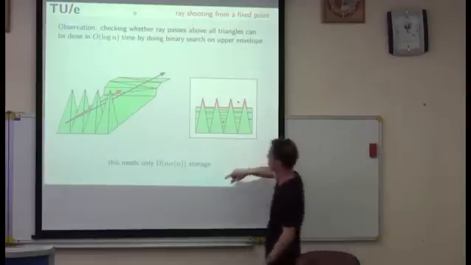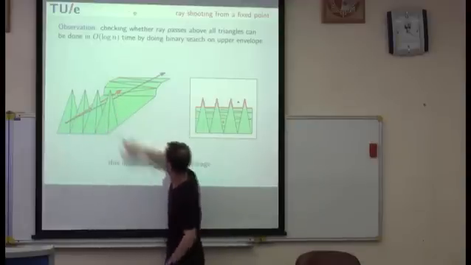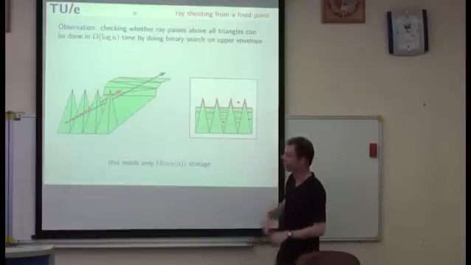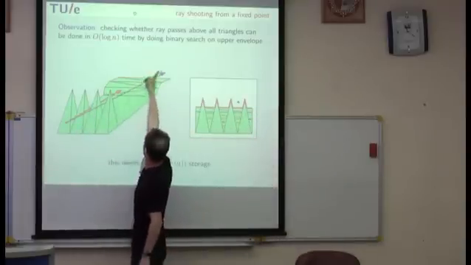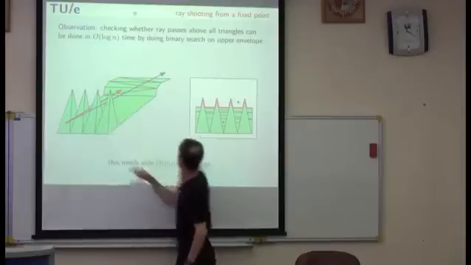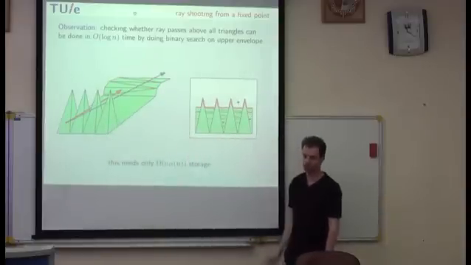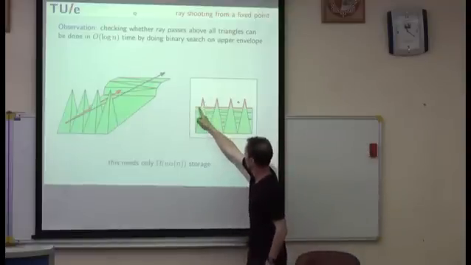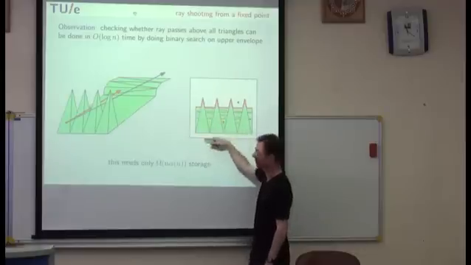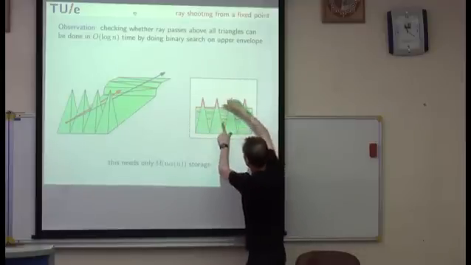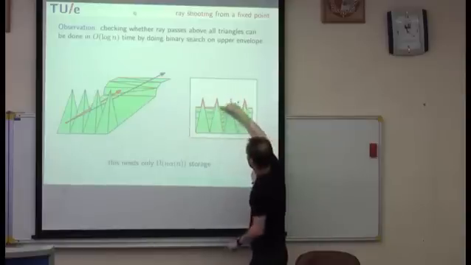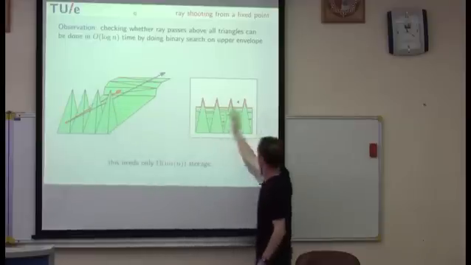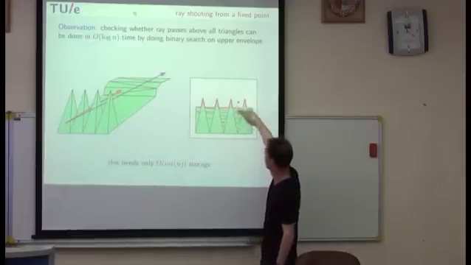Let's say the red one hits here, which is below this silhouette. And the blue one maybe goes above everything, somewhere in between these two. I can answer that question by doing a binary search on this, and find that this point is somewhere between these two x-coordinates. I check whether it's below, and it happens to be above.